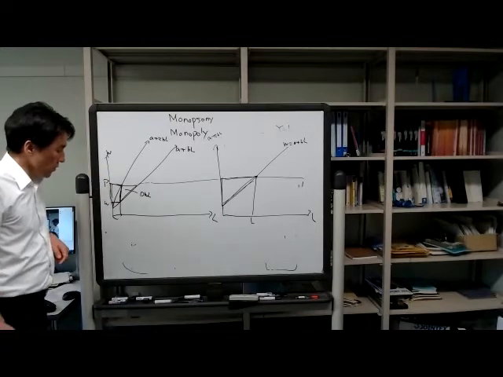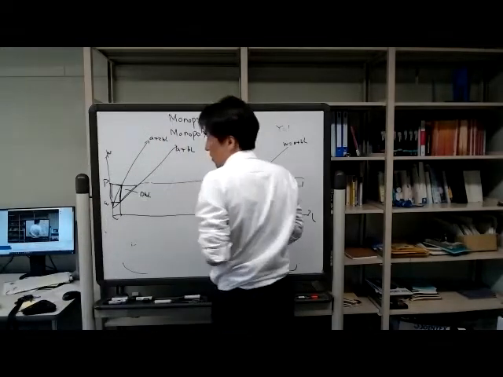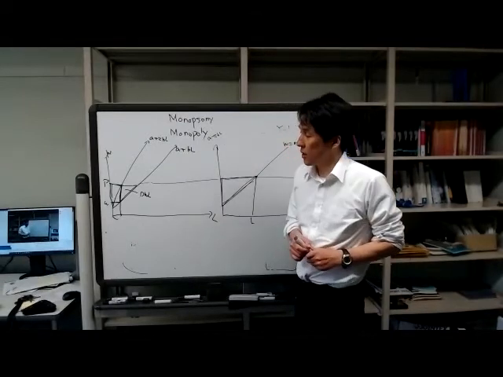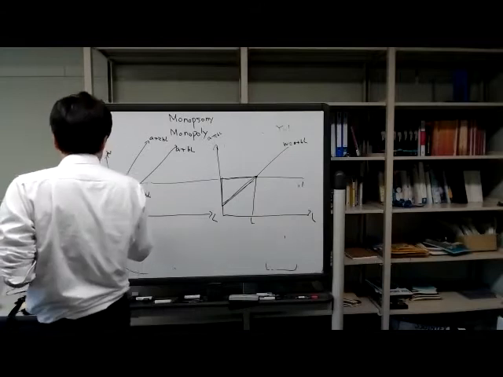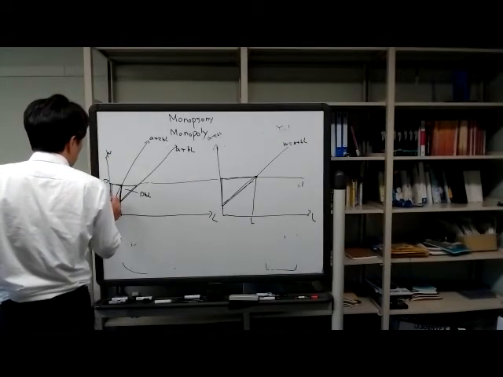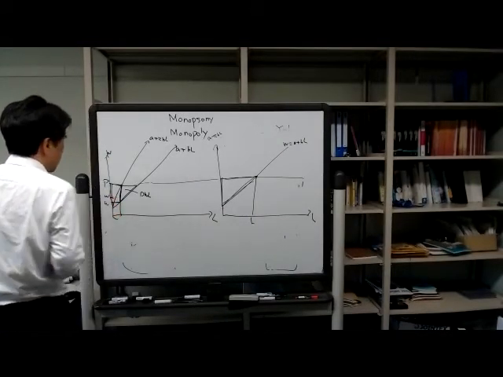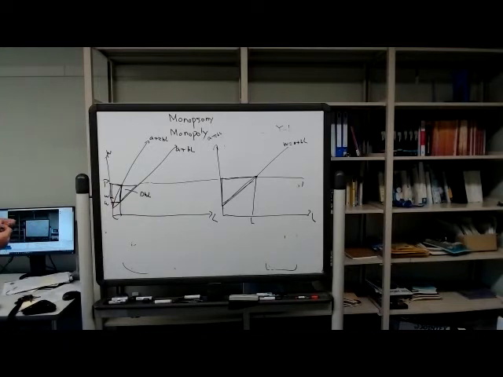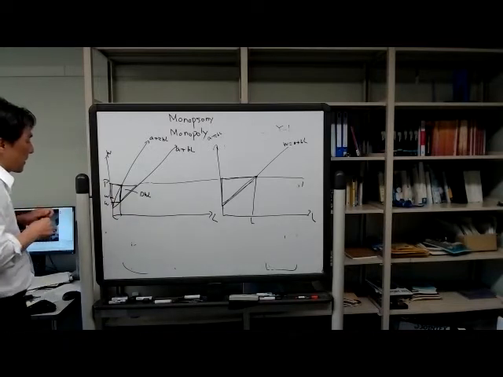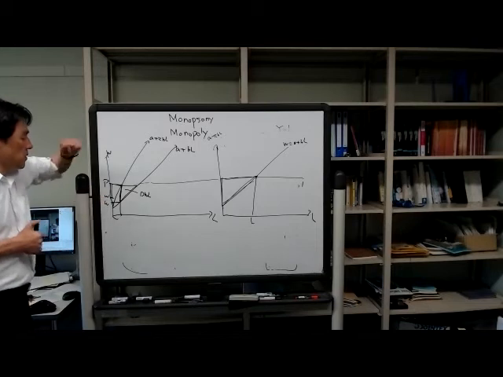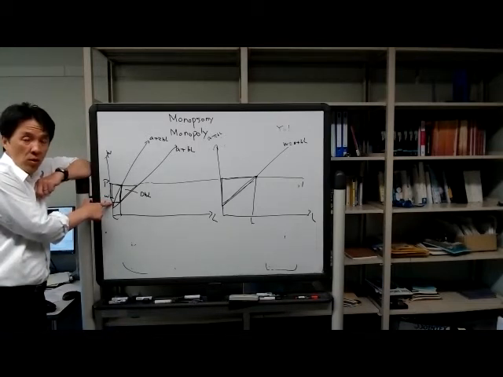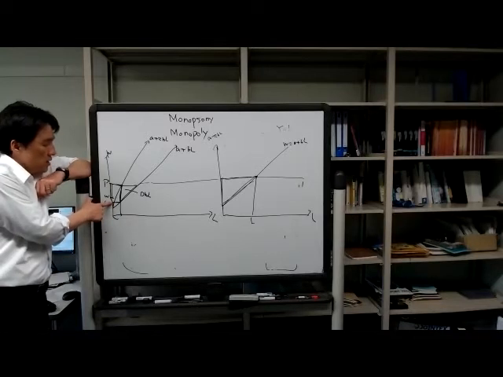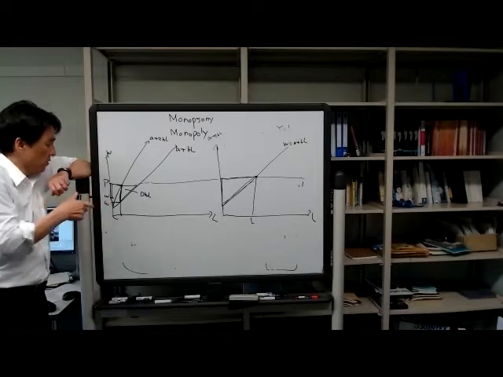So suppose that the government starts to impose a minimum wage and says every company needs to pay this. In this case, the company is not allowed to pay this wage rate anymore. Although this is the wage rate that maximizes the company's profit, it's not feasible.